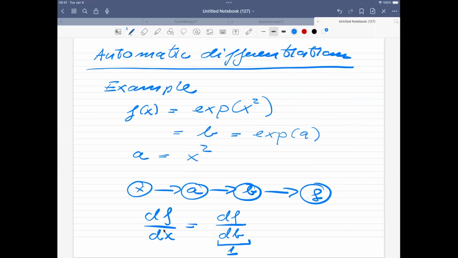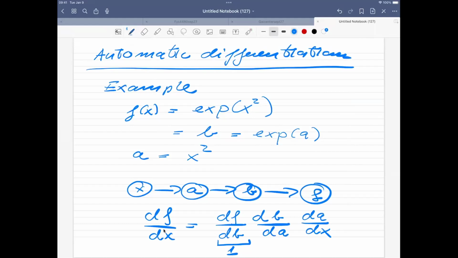So the final step is always 1. And you see that immediately here because f is equal to b, right? So if I take the derivative of f with respect to b, that is equal to 1. Then we have a d. So this is essentially just the chain rule. So automatic differentiation is us applying the chain rule repeatedly.